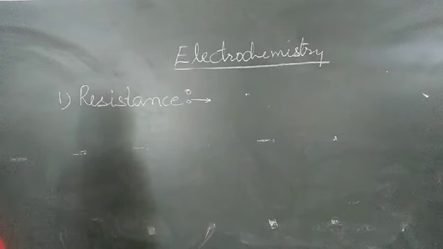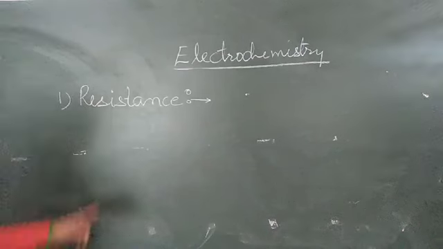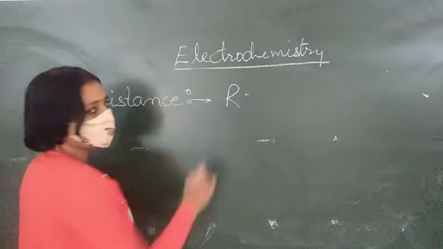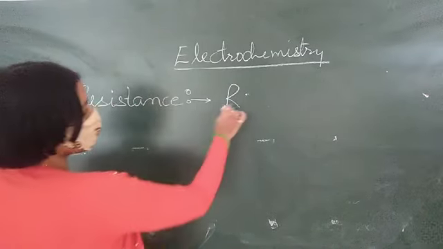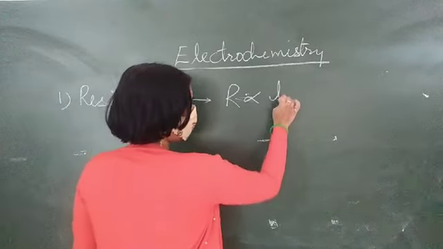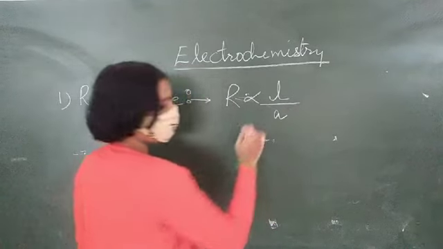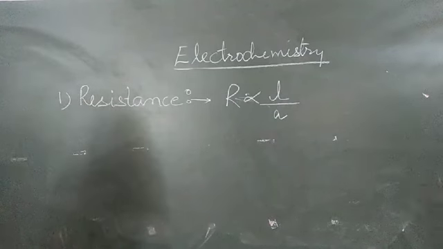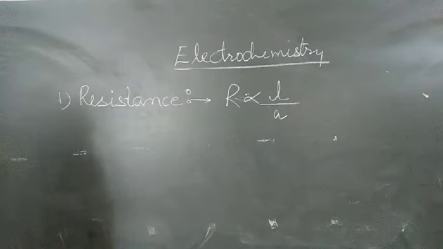R stands for resistance. The resistance of any conductor is directly proportional to the length and inversely proportional to the area of cross section.